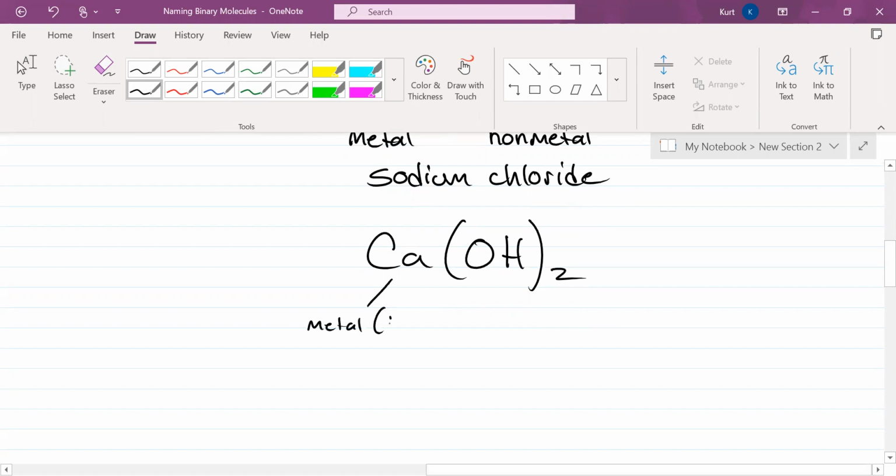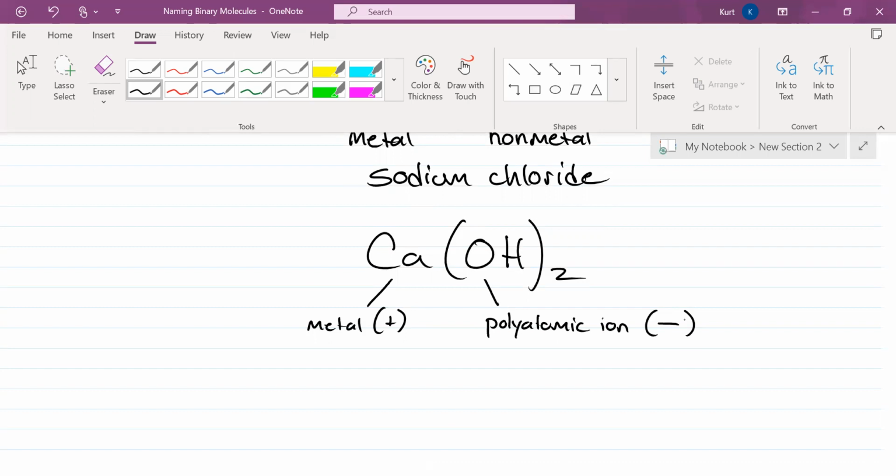It is going to be a positively charged side. Hydroxide is a polyatomic ion. It is going to be the negative side. So is this held together by a covalent bond or by an ionic bond? It's ionic. So do we use prefixes with this? You do not. So what would the name of this be? You just say the two names and that's it, calcium hydroxide.